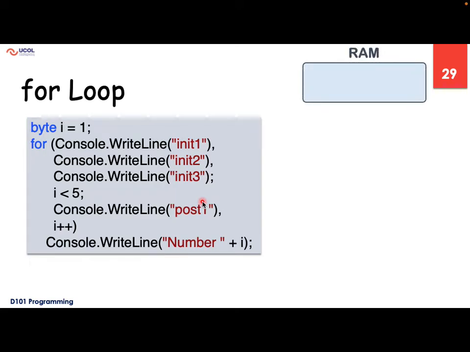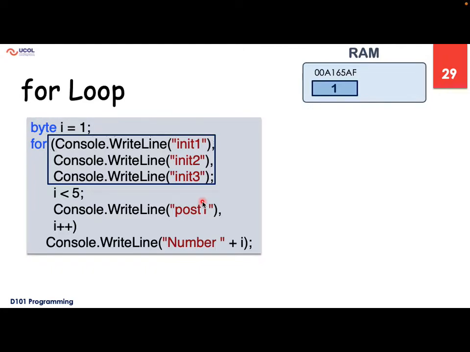So now here, we have initialized the value, byte i = 1. If we come down here to the initial actions, I am just printing something on the screen: Console.WriteLine init 1, init 2, init 3.